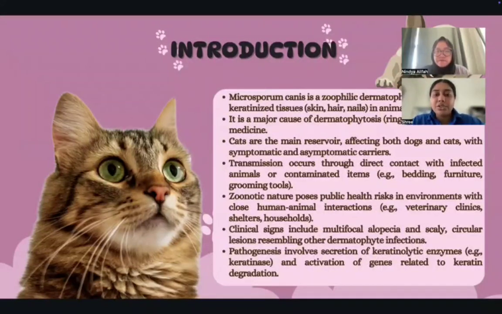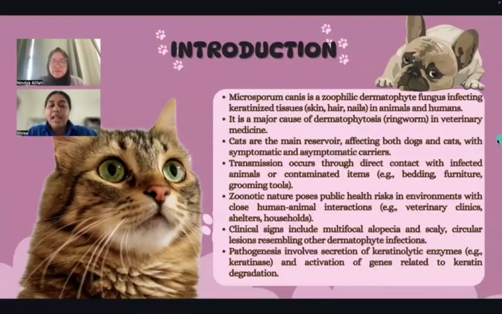Transmission occurs through direct contact with an infected animal or contaminated items, such as bedding, furniture, and grooming tools. Its zoonotic nature poses public health risks in environments with close human-animal interaction, for example veterinary clinics, shelters, and households.